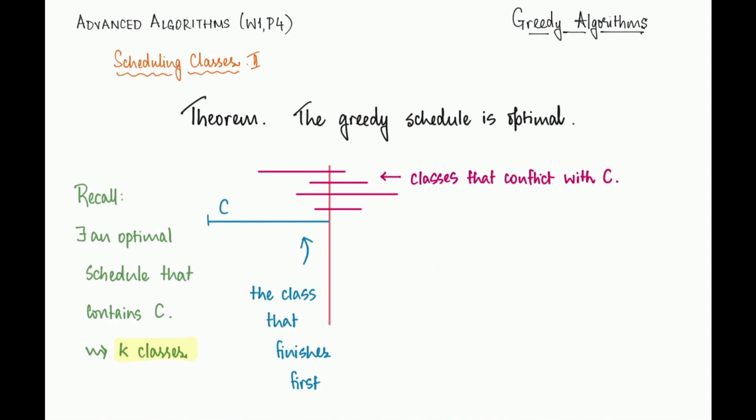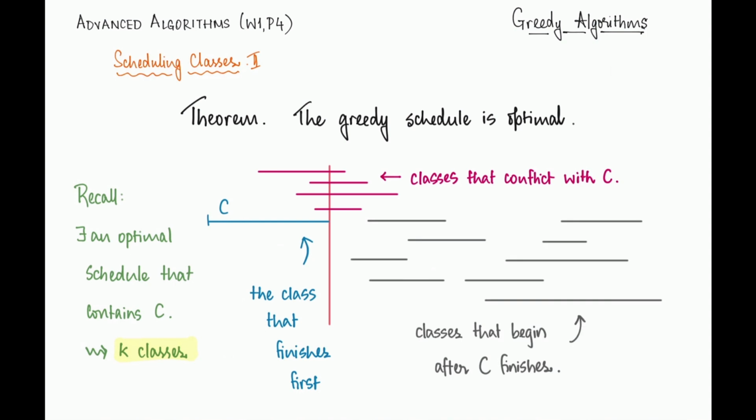The first part is all of those intervals that conflict with this one, and the other part is all of those intervals that do not conflict with this interval. So you have broken up your instance into two portions, so to speak. The pink intervals are the ones that conflict with the blue one, and the gray intervals are the ones that don't.